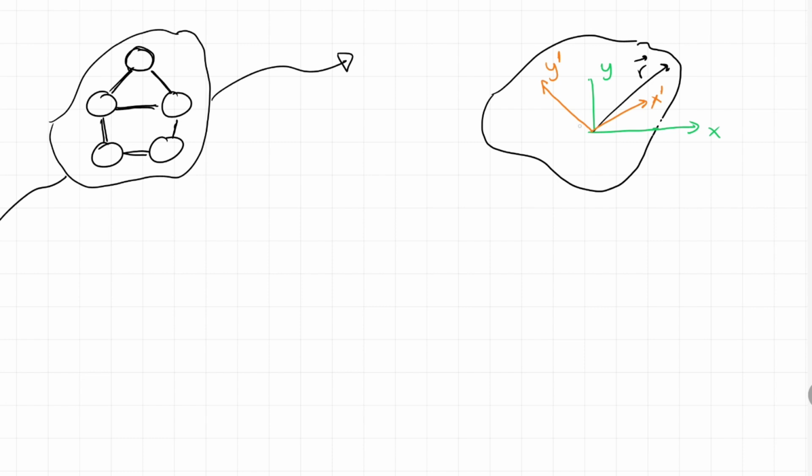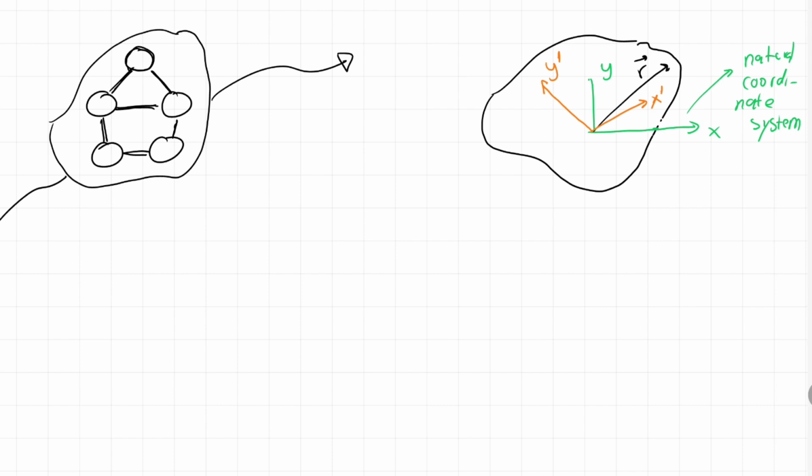On the other hand, the original coordinate system, let's call it the natural coordinate system, that I drew in green. This is just the name that I chose to give to this coordinate system. It is not known as the natural coordinate system.